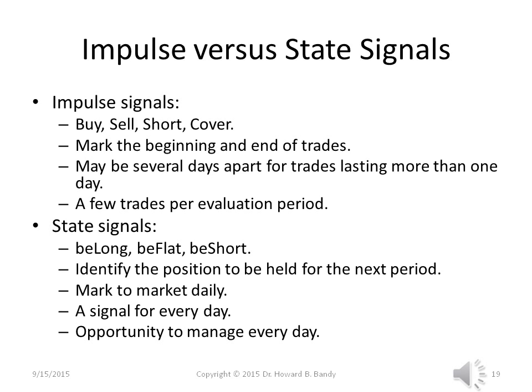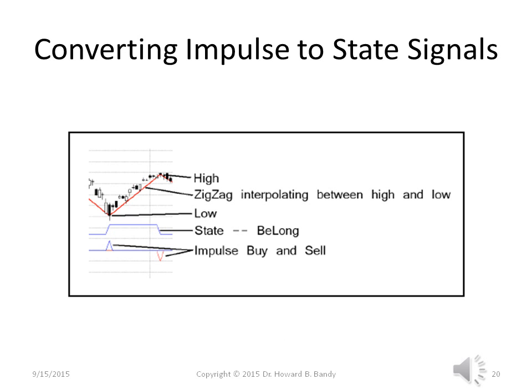I recommend mark-to-market daily, a signal for every day, and that gives an opportunity to manage every day. And here's the relationship conceptually between the impulse signals. You see on the bottom line the up arrow and the down arrow for buy and sell.